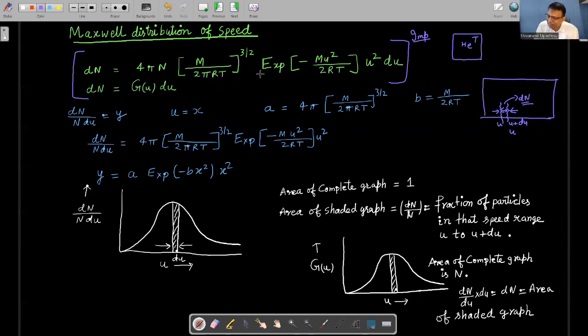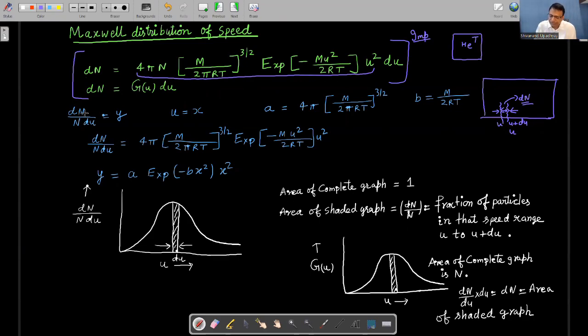This equation can be written in a simplified way, where this is a function related to speed, right? Variation of speed or distribution of speed of particles. So this whole thing except du is denoted by a function of u, right? So I can write this big equation as dn is equal to g of u into du.